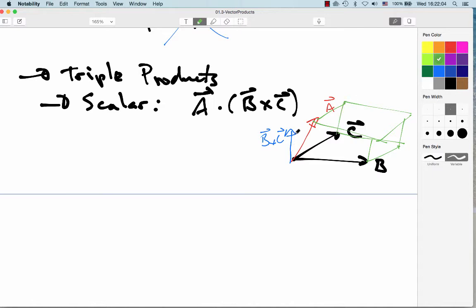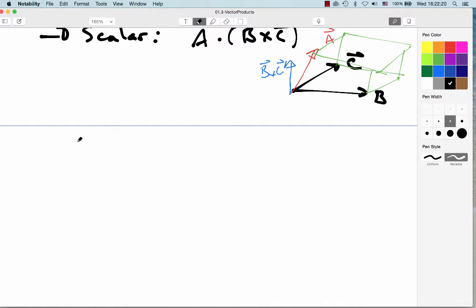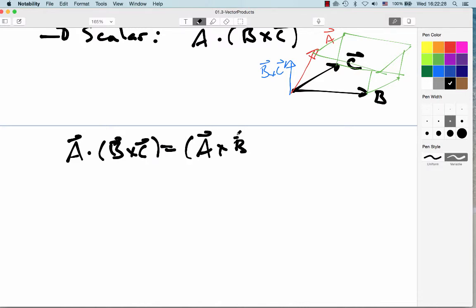It's supposed to be a parallelepiped, and I'm really sorry it didn't come out like that, but that's what it's supposed to be. Okay, there is an identity for this, and that is that A dot B cross C is equal to A cross B dot C, which shouldn't be too surprising, since either way we should be getting the volume of a parallelepiped.